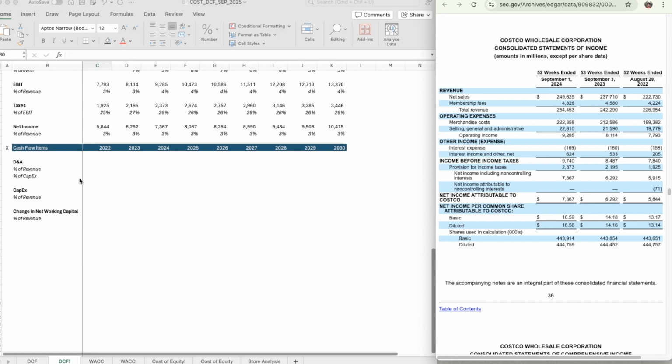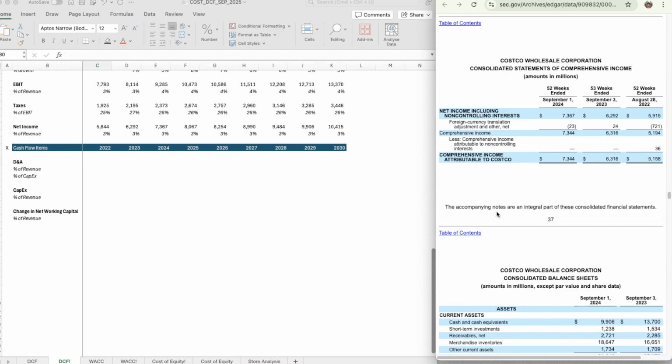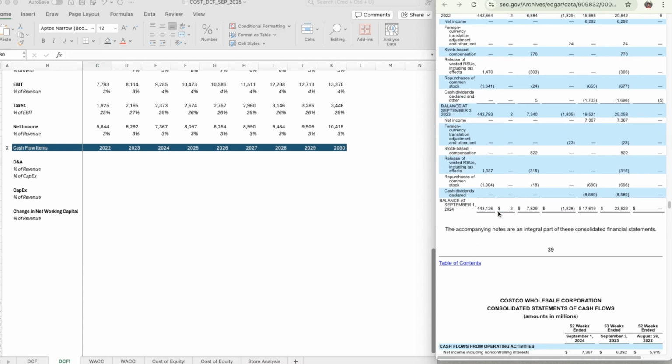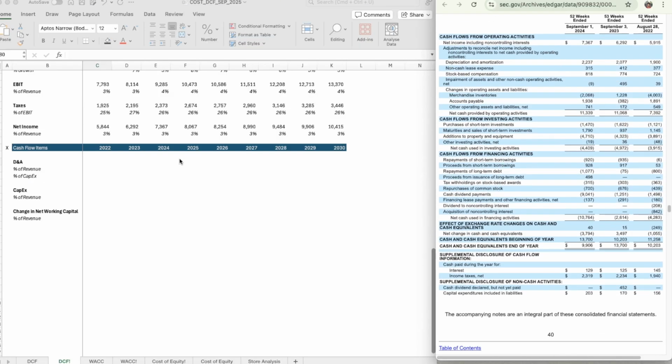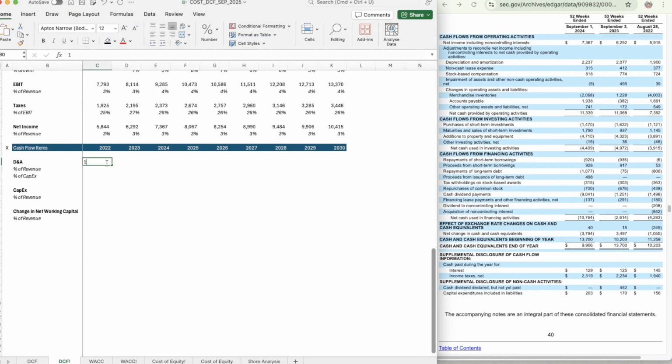The figures for these line items are on the cash flow statement, so 1900.